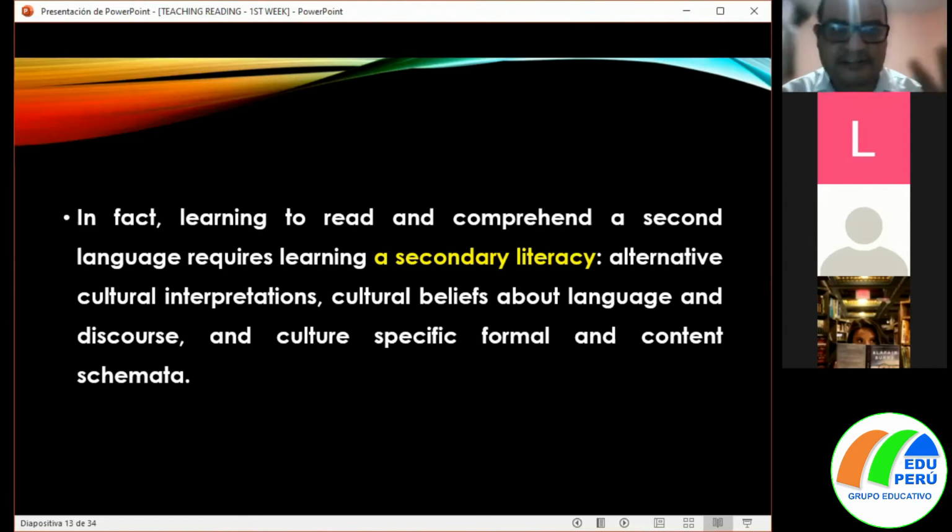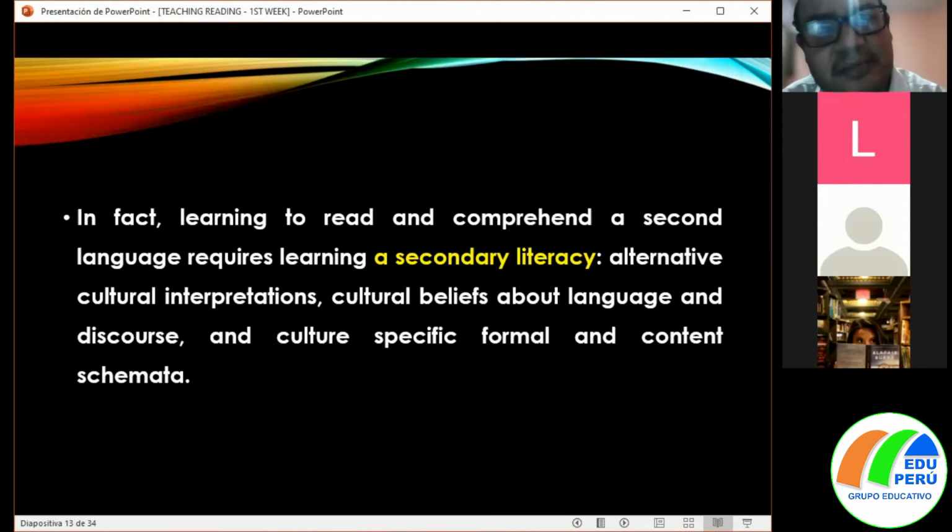No, nobody? You forgot. Tell me, Yuri. Background knowledge. Yes, the background knowledge, the beliefs, the cultural interpretations. Remember, the prior knowledge. Yes. This is the formal schemata.